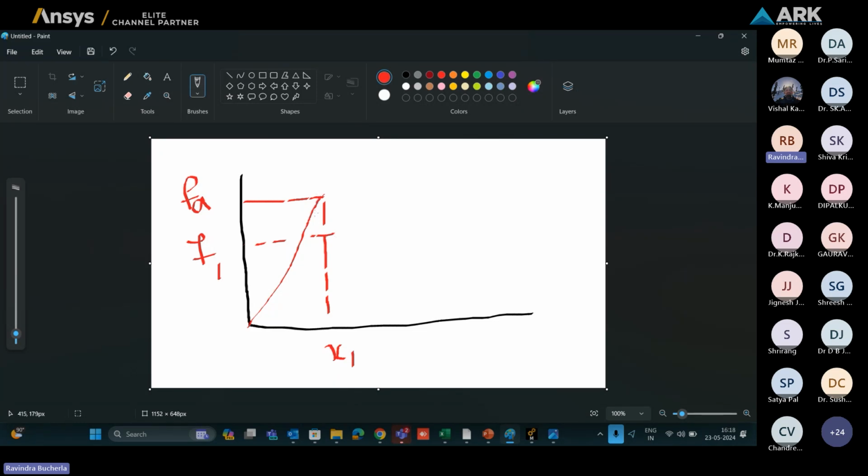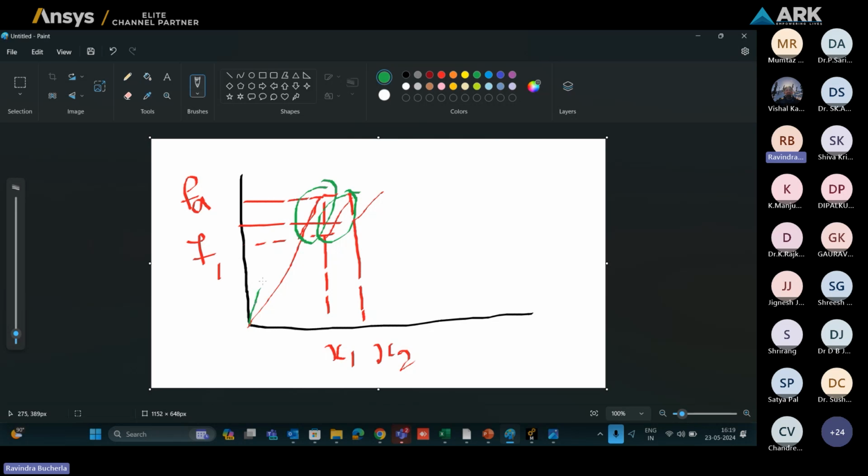Whatever slope is there, it will just shift to this point, so the slope of this one and this one is the same. Again it will solve the problem and you will get x2 and f2, and again you maintain the same slope. So like that the solution will converge.